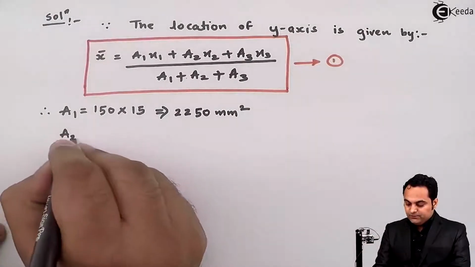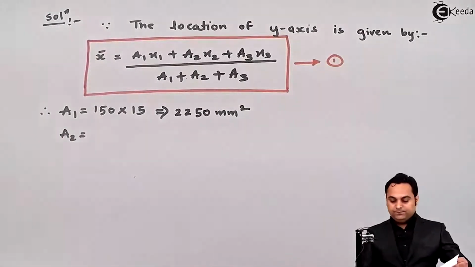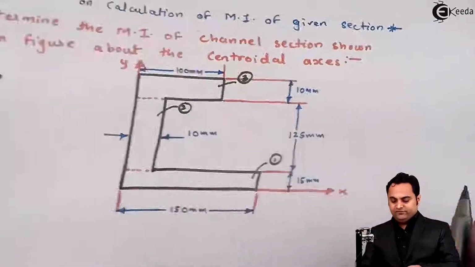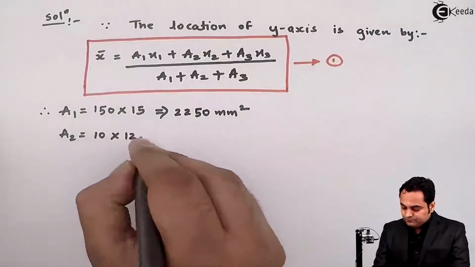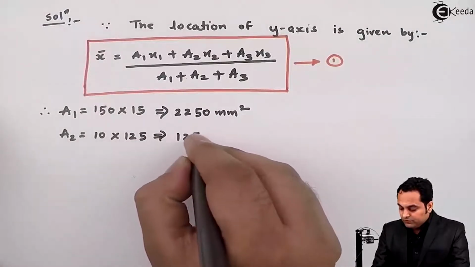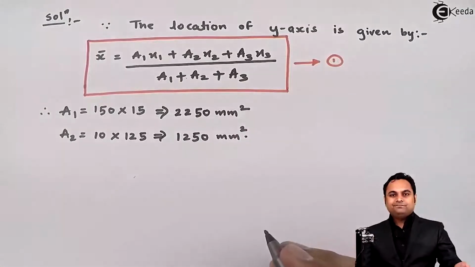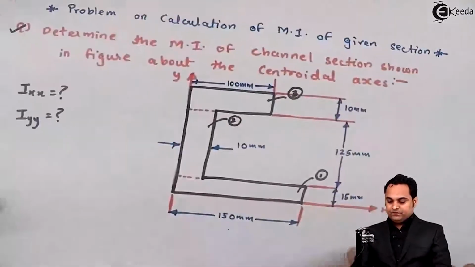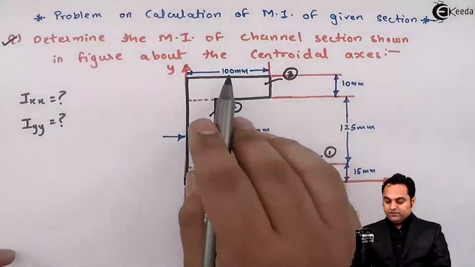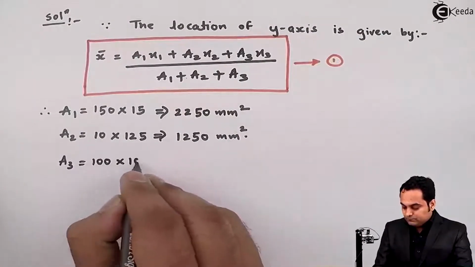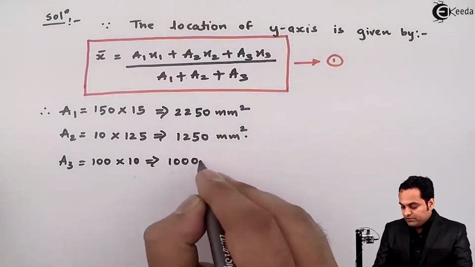Next, area 2 is equal to 10 into 125, so it is 1250 mm square. Next, area 3 is 100 into 10, so it is 1000 mm square.